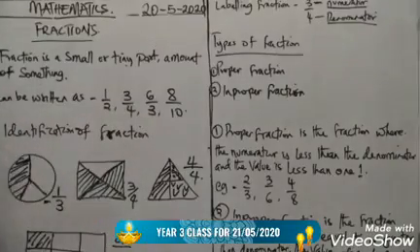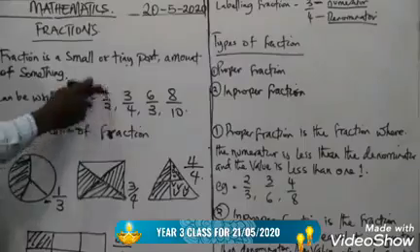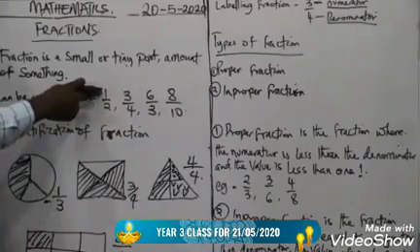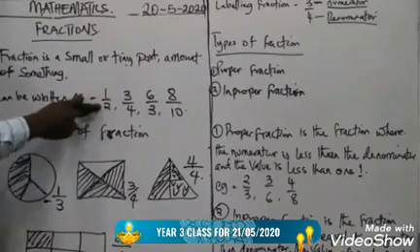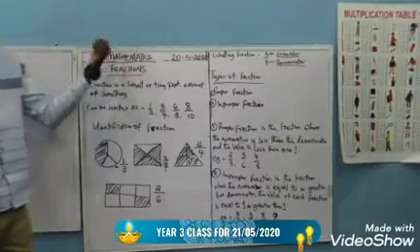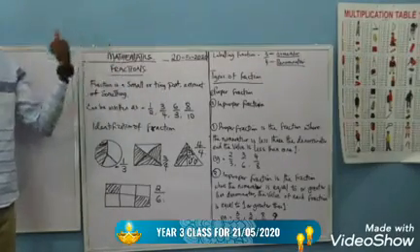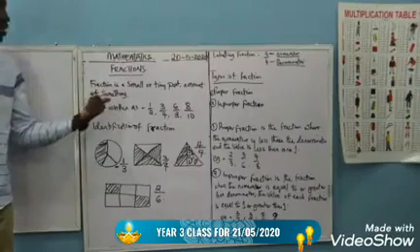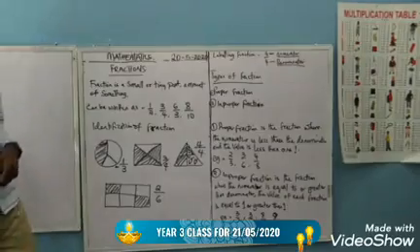The denominator. In every fraction, here for example, 1 over 2, the 1 is the numerator and the 2 is the denominator. The denominator is the number that divides the numerator, right?